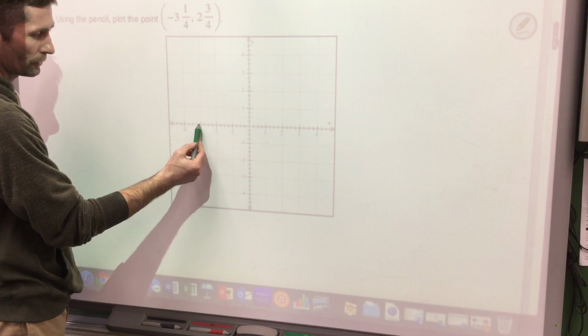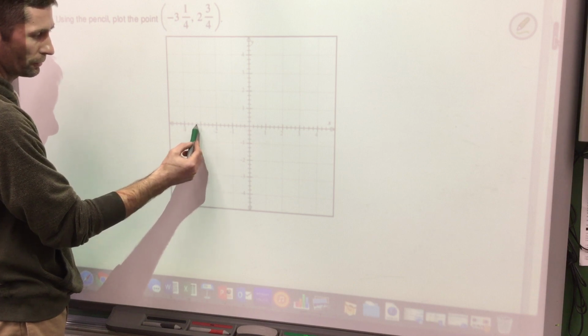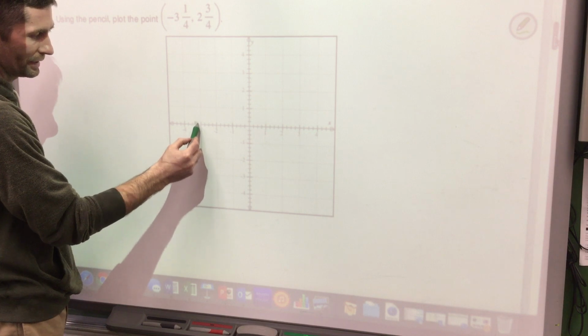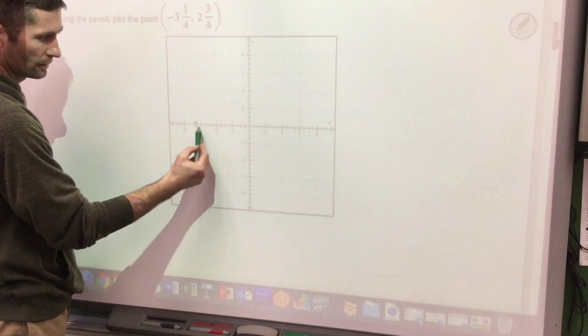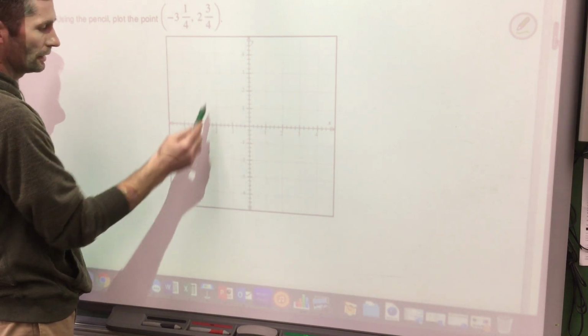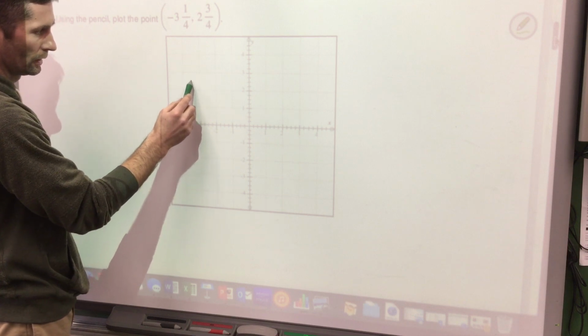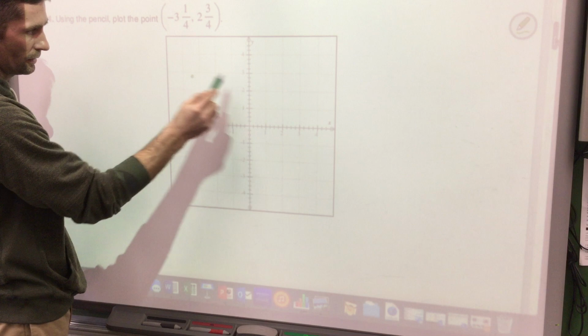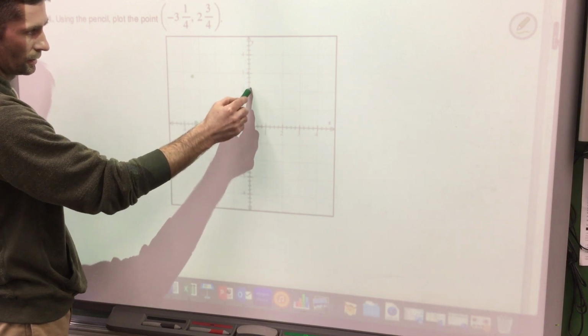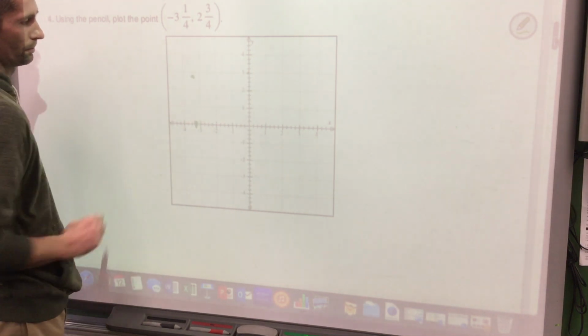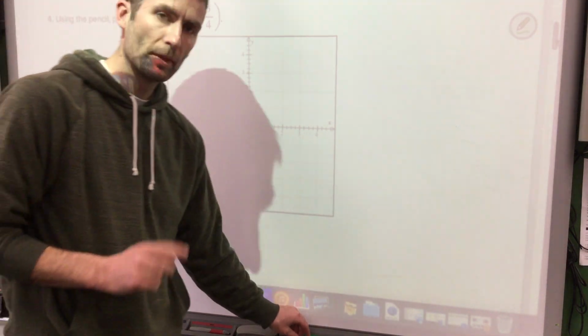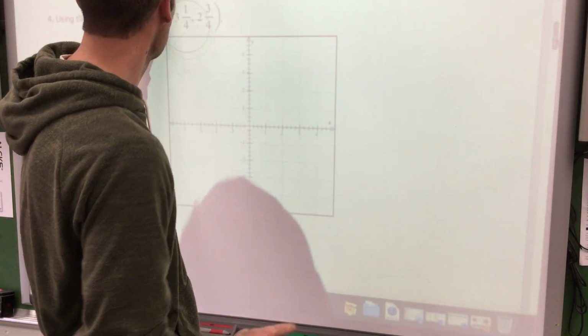I wanna go -3 and then 1/4 more towards -4. So I'm going over here, not back towards my origin. And then up 2 3/4. So there's 1, there's 2, and 2 3/4 right there. Okay, don't make that mistake of going back towards the origin.